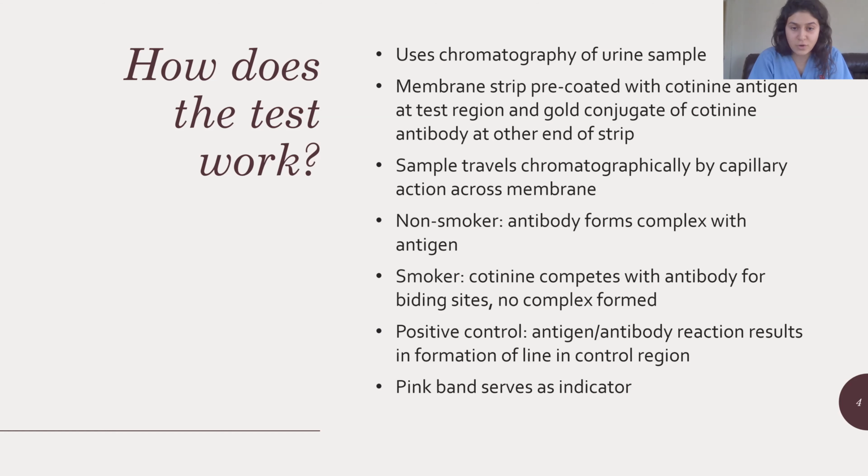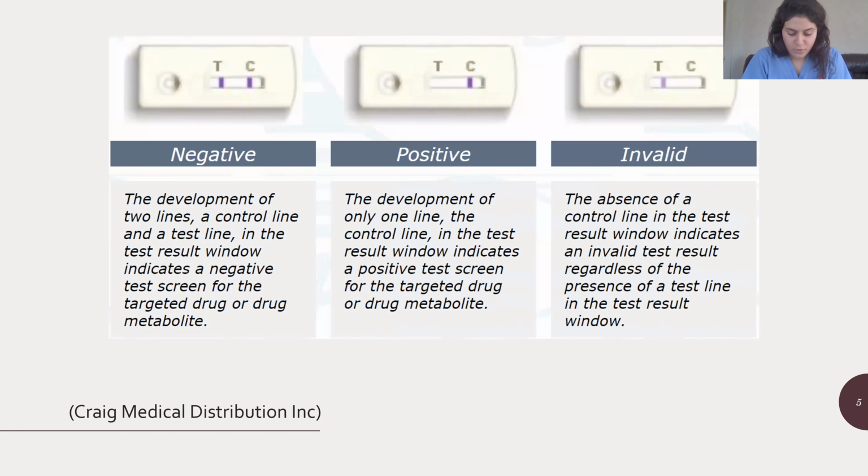And then also the pink band serves as its indicator to show either that the volume added is sufficient or there has been proper flow. So, like I said before, if the test comes out positive, you will see no band in the test region and just the one band in the control region.